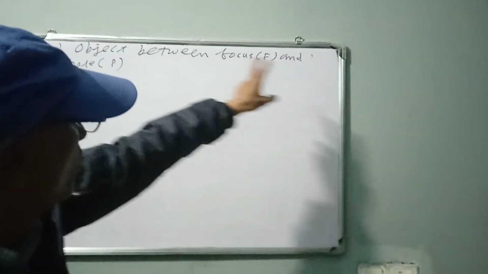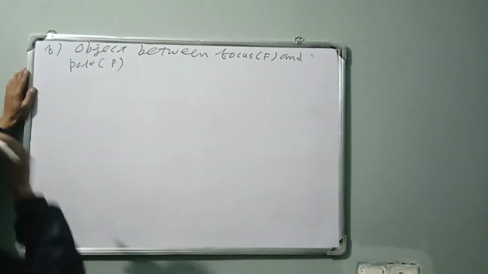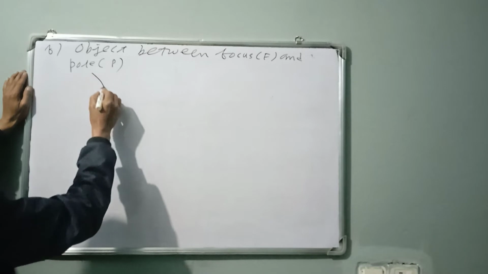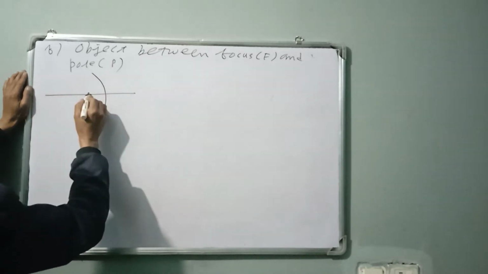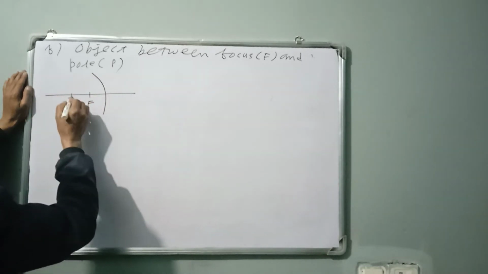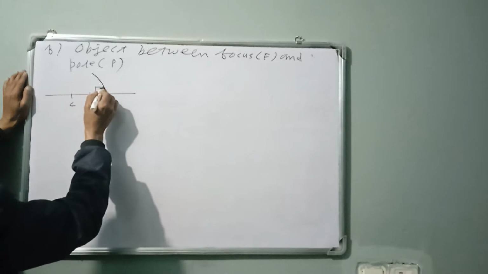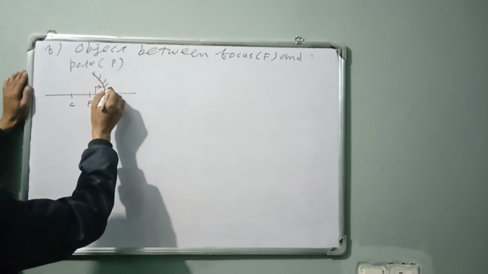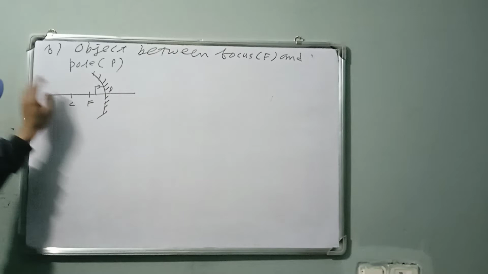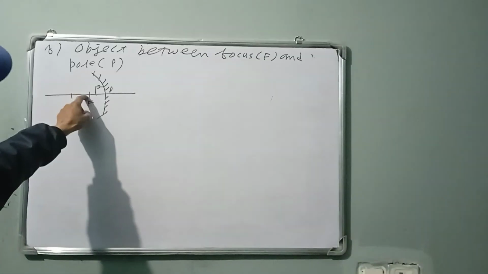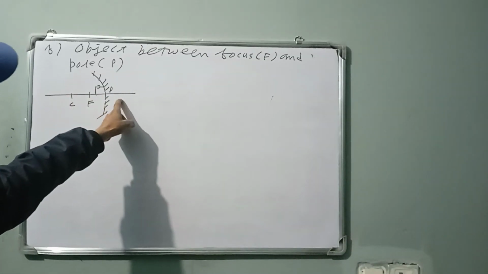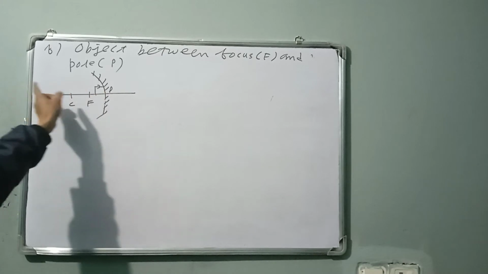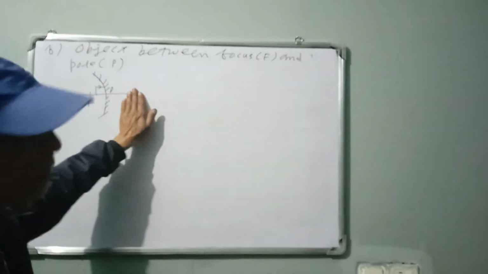Object between focus F and pole P. Incomplete diagram. Focus, center, object is here. Where is the object? The object is between focus F and pole P. Farther than the pole, closer than the focus. This is an incomplete diagram.